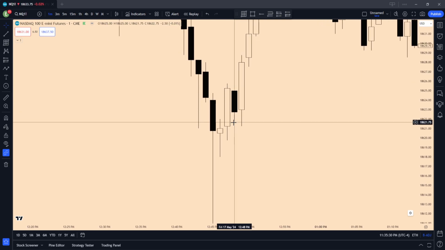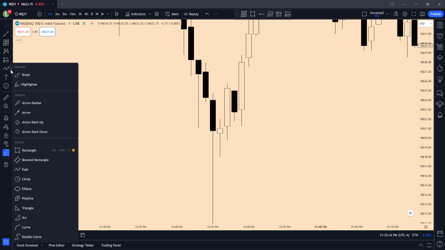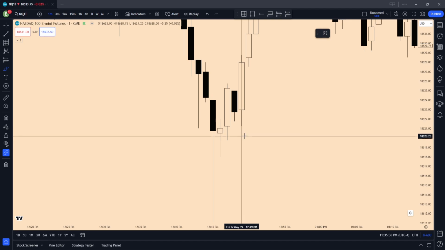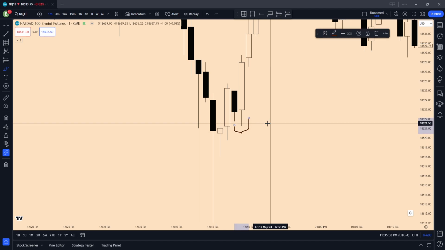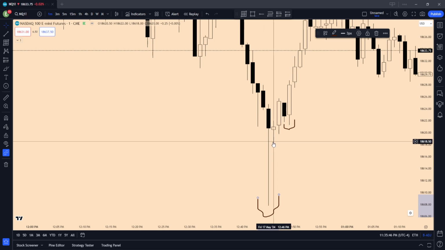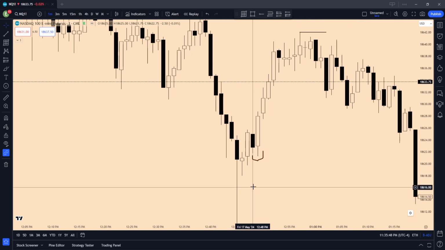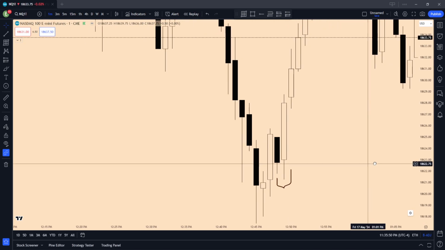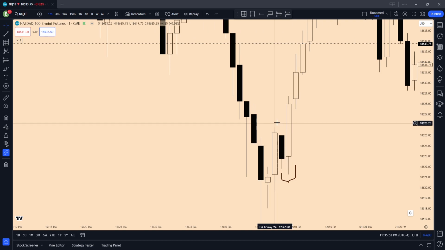So this is a price swing. Let me get my brush. This is a price swing like that. This is a price swing like that. Because you have this low, and you have that low, this creates a swing. Now, also this. This is also a price swing. It's a minor price swing, but it's still a price swing.